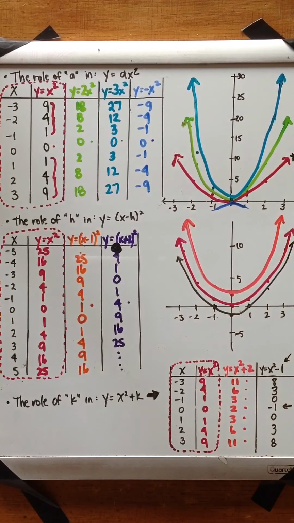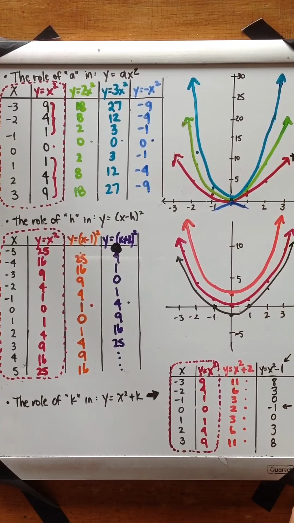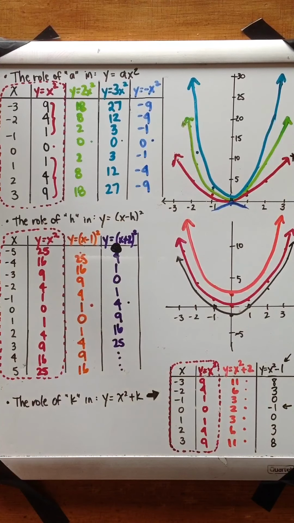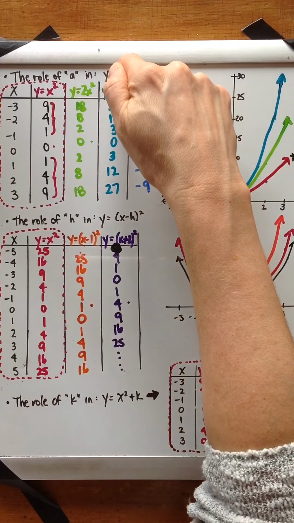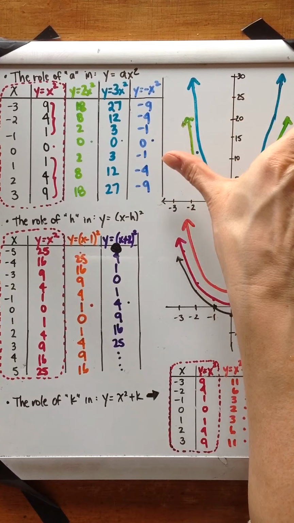Okay, so again, it would appear that if we do something to our base parabola after the squaring, we get that exact result that we see. So adding 2 shifts the parabola up 2, taking away 1 shifts the entire parabola down 1. There's a lot of cool patterns involved in here, and through this investigation, my hope is that you will see the role of A in terms of predicting upward and downward and also stretch and compression.